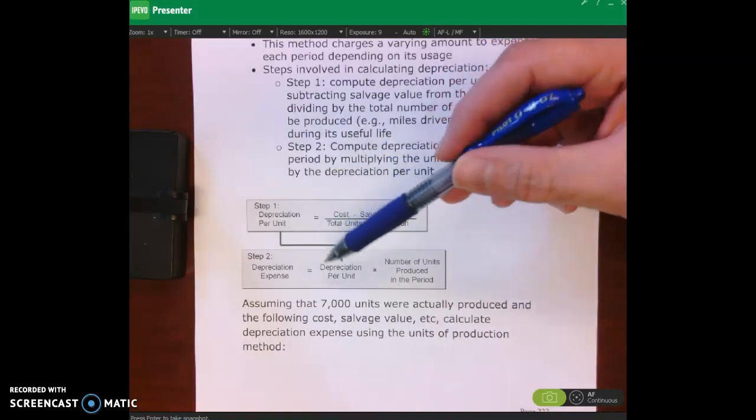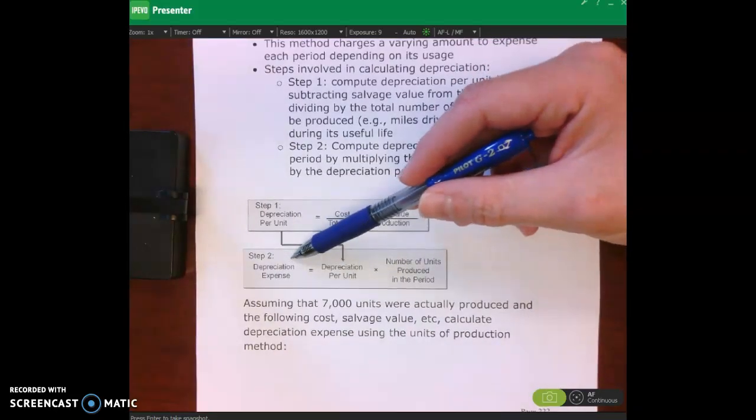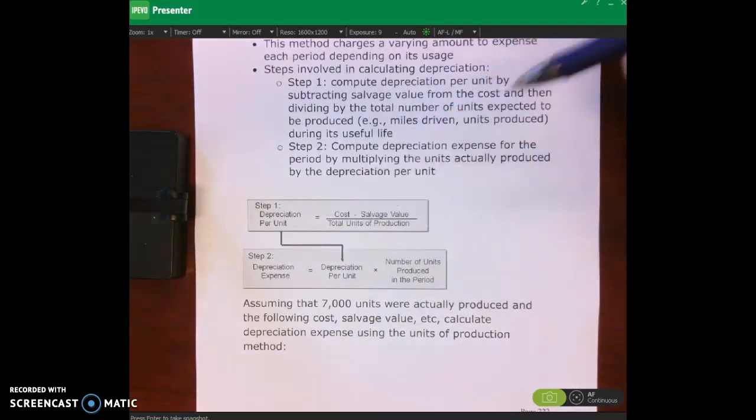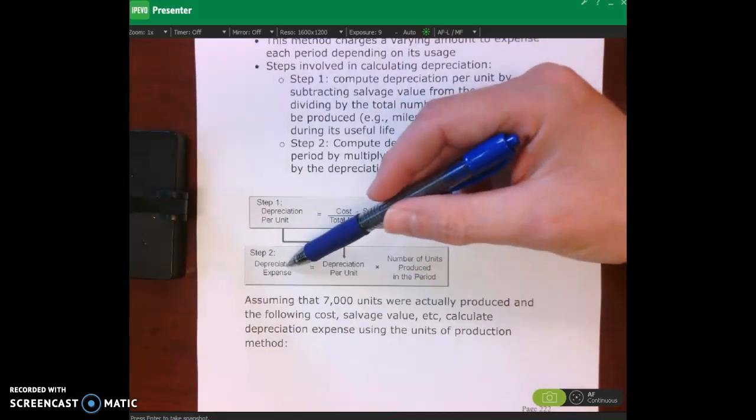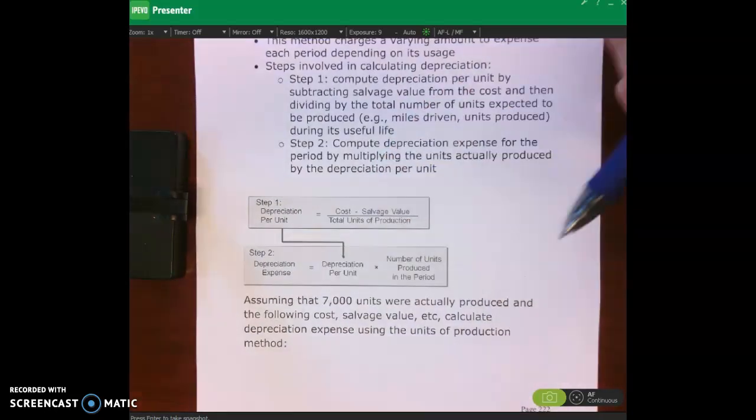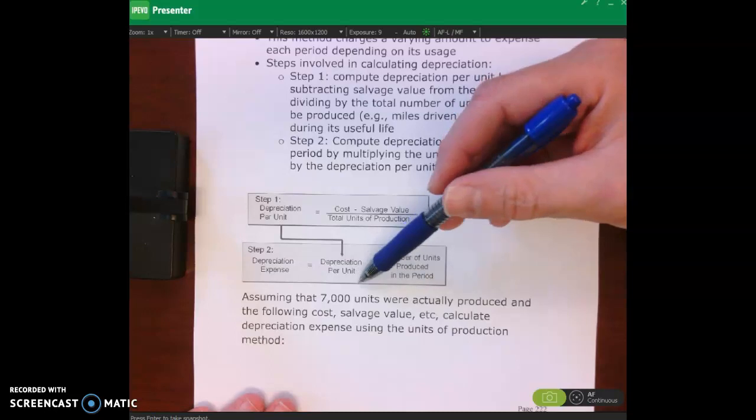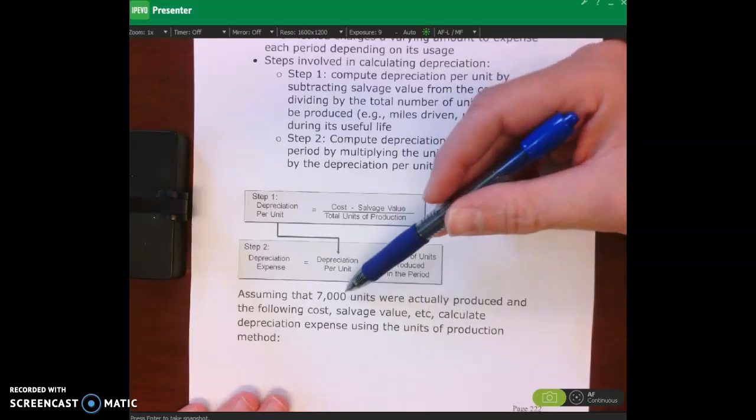So then what I would do in step two is I would say, well, okay, depreciation expense is 10 cents a mile. And then this year I drove it 20,000 miles. So then I would multiply 20,000 times 0.1, and then that would be my depreciation expense for that accounting period, for that year. Okay?